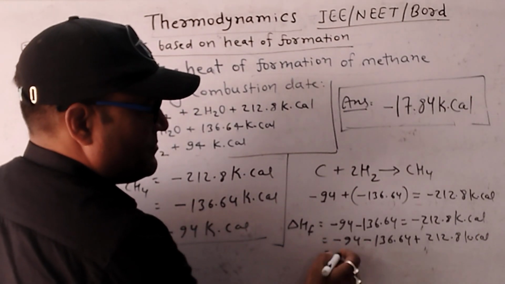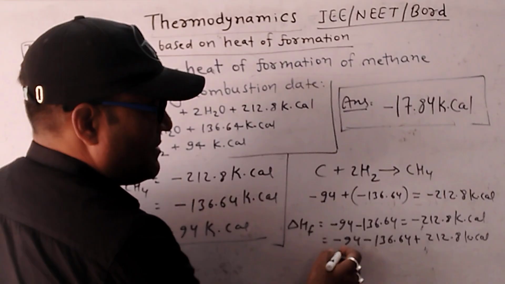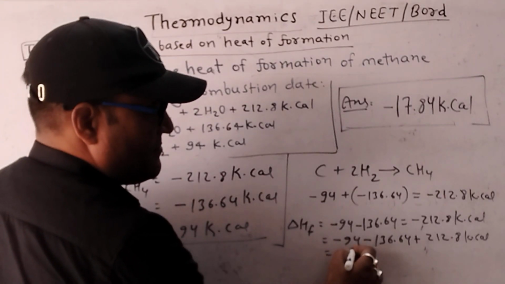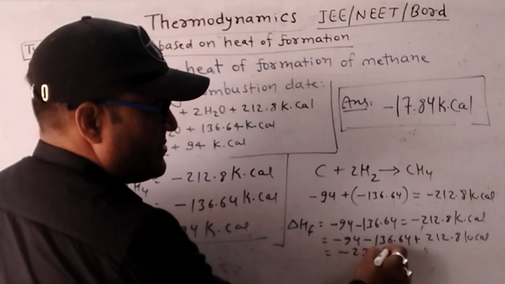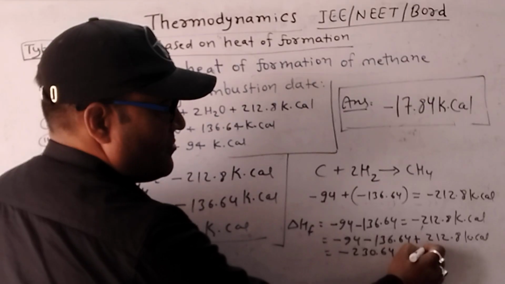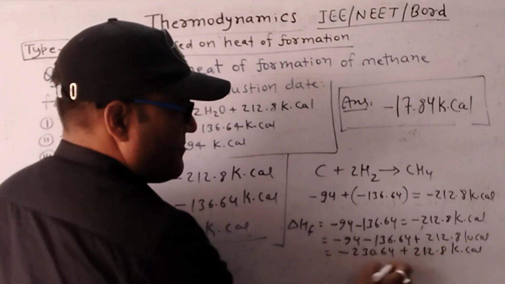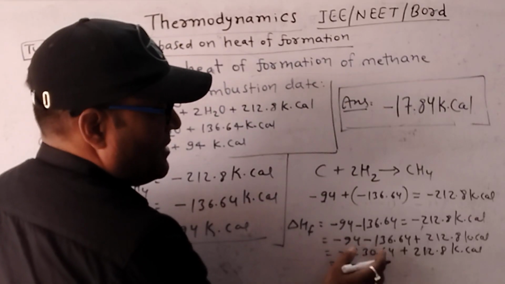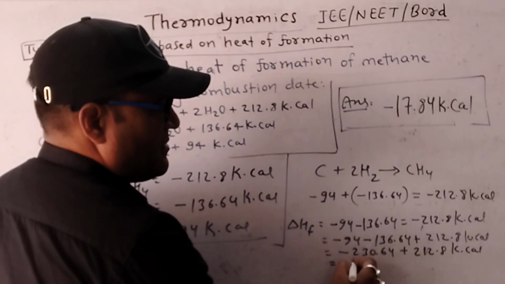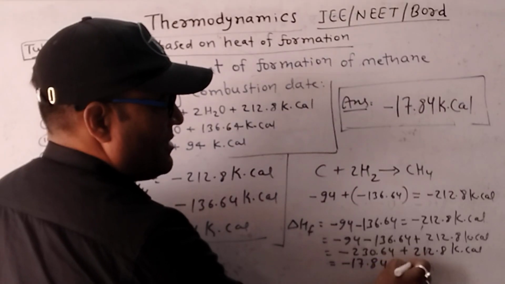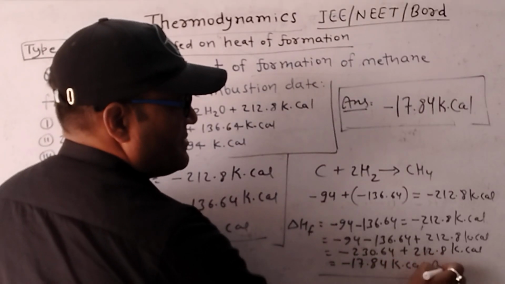After the sum, we get minus 230.64 plus 212.8 kilocalorie. After the subtraction, minus 17.84 kilocalorie is the answer.